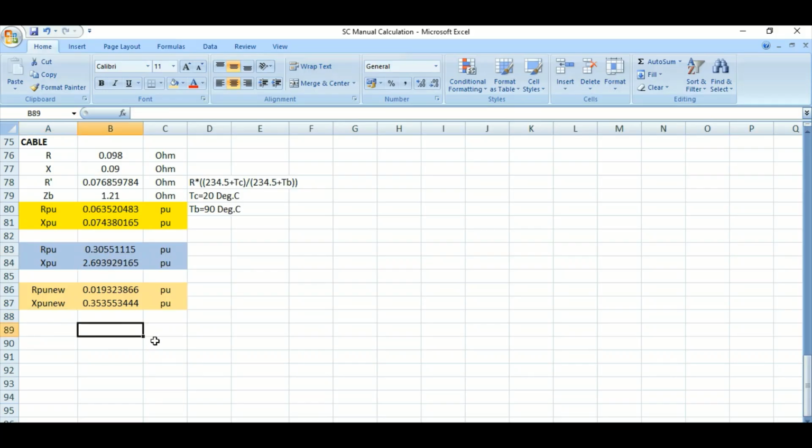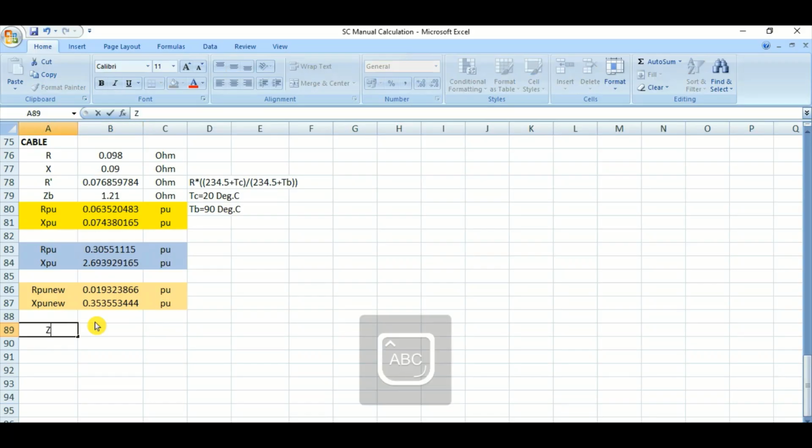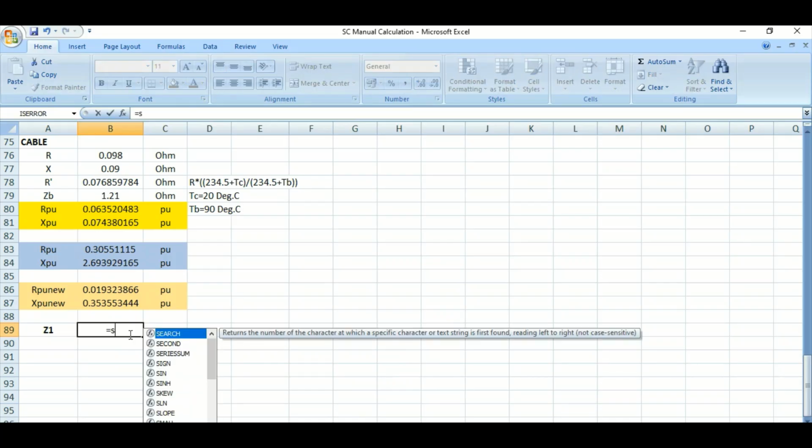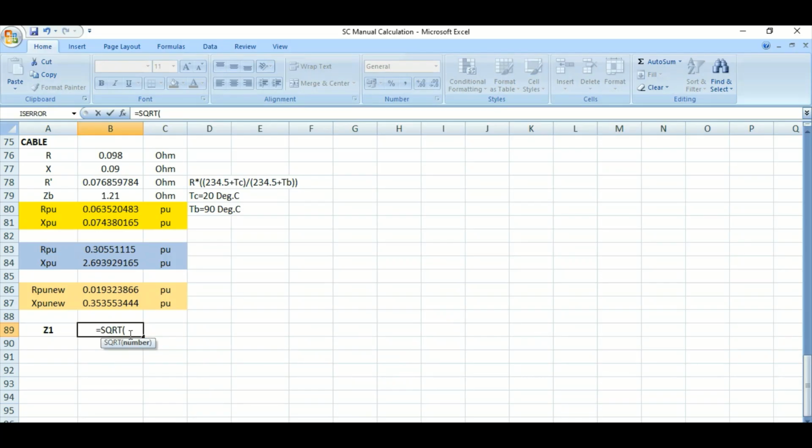right? So what will be the value of Z1? Value of Z1 is equal to square root of this square plus X square. This is in per unit.